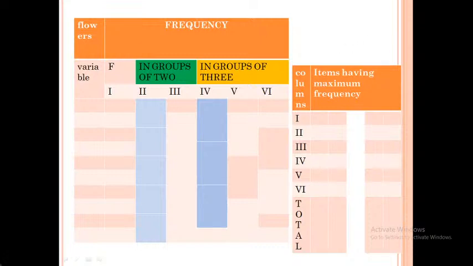The variables are in the first column. Make a table like this, then write the variables first: 3, then 4, 5, 6, 7, 8, 9 and 10.